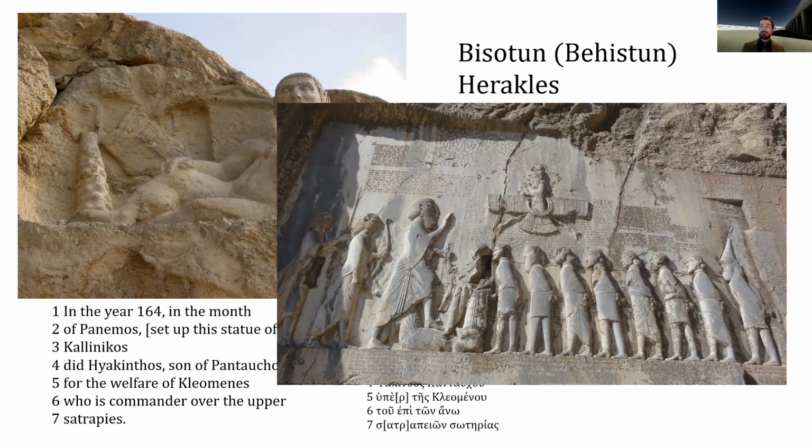Does it have something to do with Darius's monument? What is the idea of reusing this site of power, with Bisitun being a site of imperial power? What is the purpose? And I really want you to think through that. What is going on here? Why did they build this statue at this place?